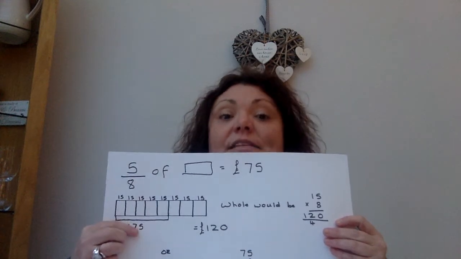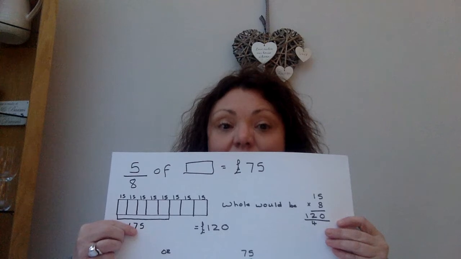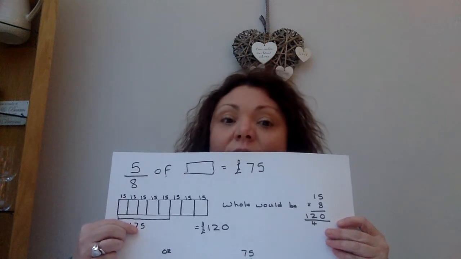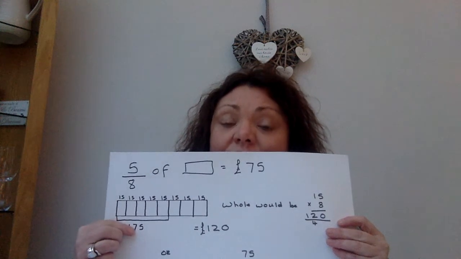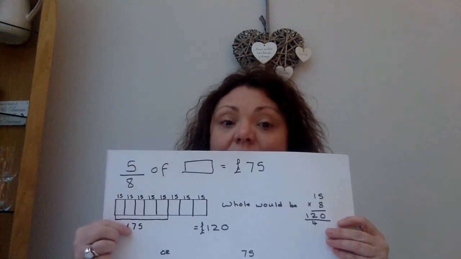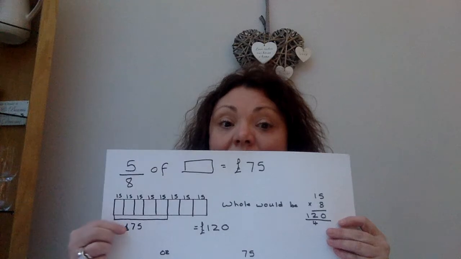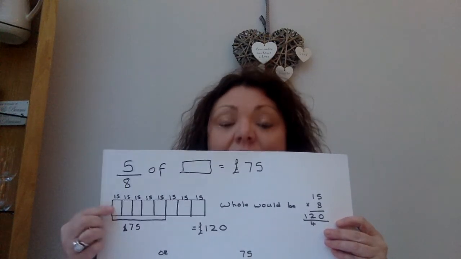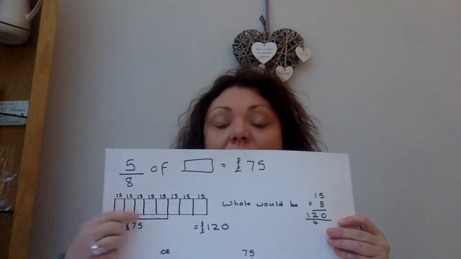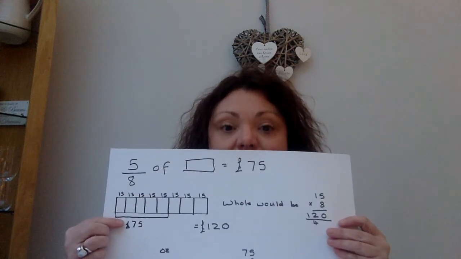So 5/8 equals 75 pounds. So what I'm going to do is find out what each of those are, okay? So if 5/8 is 75 pounds, I'm going to divide that by 5 and I get the answer 15, okay? So each one of those sections is 15.